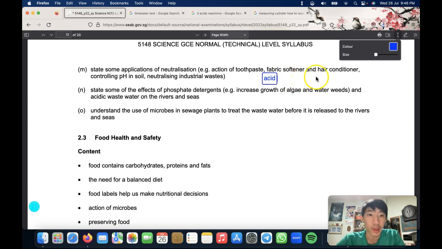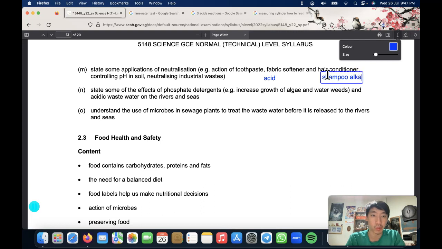And then what is hair conditioner? Our hair needs to have the correct pH in order to be healthy. When we use shampoo, some of the shampoo is a little bit alkali.